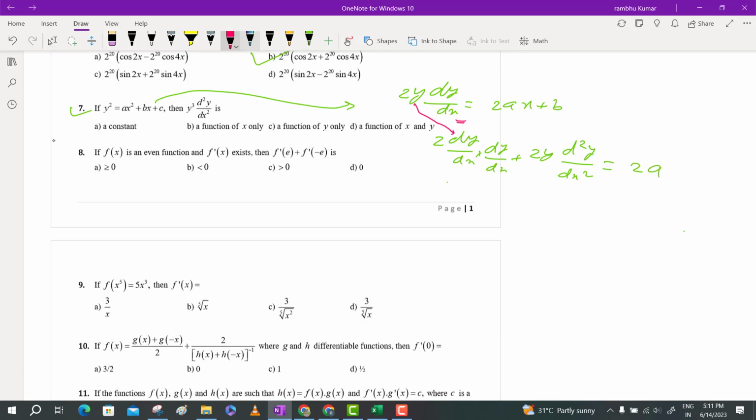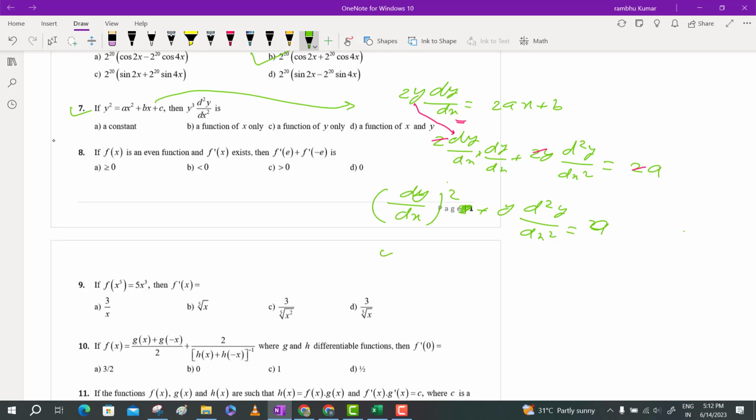Now you can see here 2 common, so cancel this out. So we have dy by dx whole square plus y d square y by dx square is equal to a, correct?